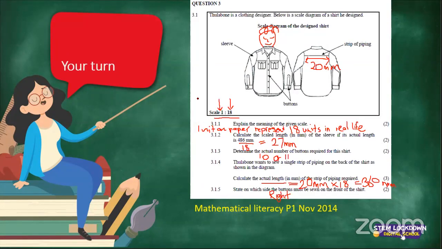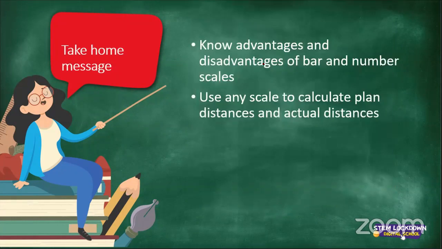What I'll require from you guys is to go through this activity and other similar activities as well, right? You need to know off by heart the advantages and disadvantages of both your bar and number scale. That is very, very important, right? And you need to know how to calculate distance using your scales.